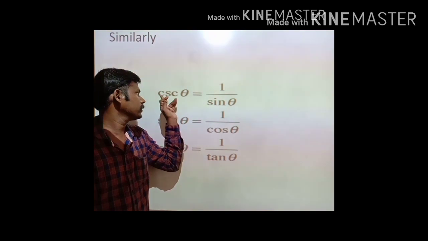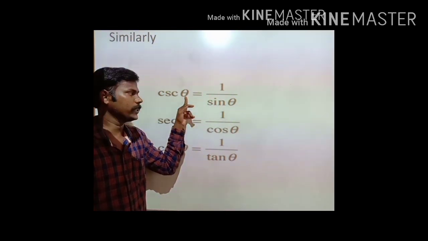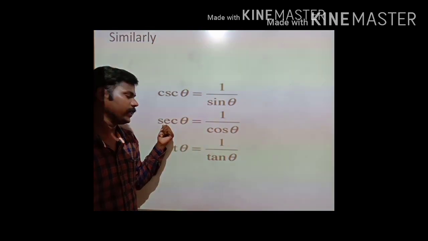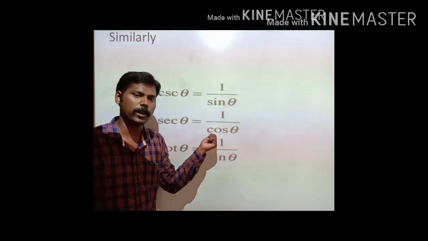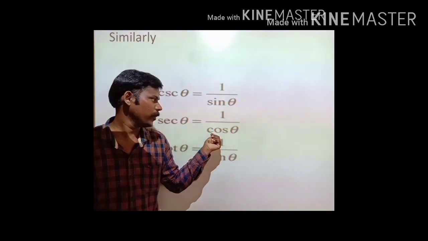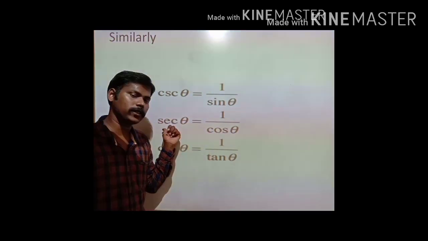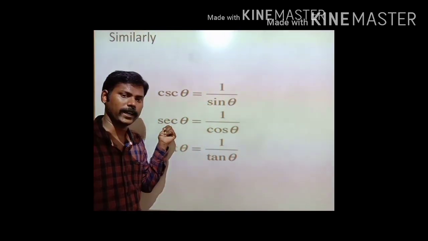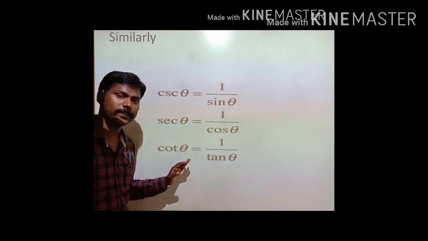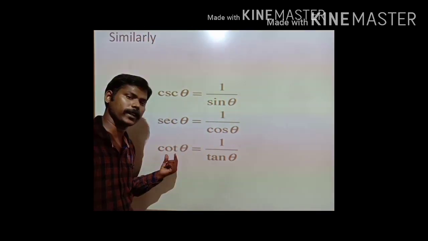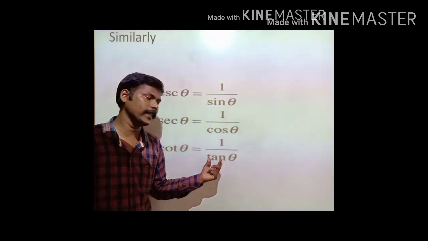We write it as cosec theta. Next, secant theta. What is secant theta? The reciprocal of cos theta, that means 1 by cos theta, is called secant theta. Next, cotangent theta, shortcut cot theta, is the reciprocal of tan theta.